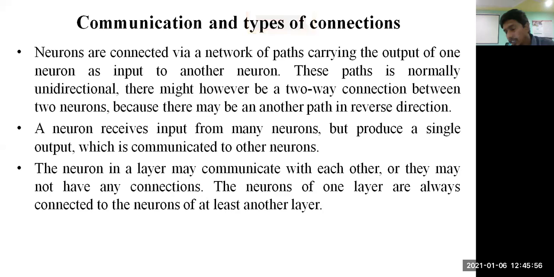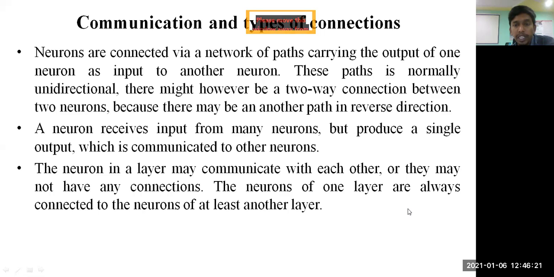Next, communication is the second key issue which we need to discuss with respect to your ANN. Neurons are connected via a network of paths carrying the output of one neuron as input to another neuron. Because each neuron will have connections, if it is a single layer feed forward network, it is only unidirectional.